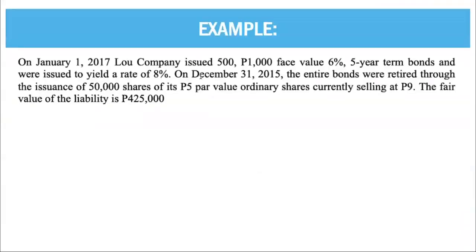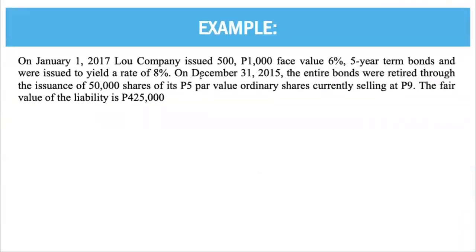Let's have an example. On January 1, 2017, Lu Company issued 500,000 face value 6% 5-year term bonds, issued to yield a rate of 8%. On December 31, 2019, the entire bonds were retired through the issuance of 50,000 shares, 5 par value, currently selling at 9. The fair value of the liability is 425,000. So, what is our hierarchy?